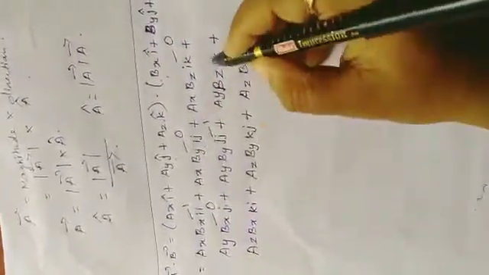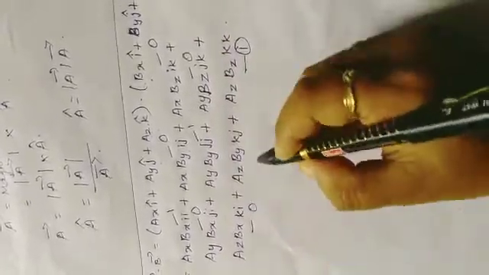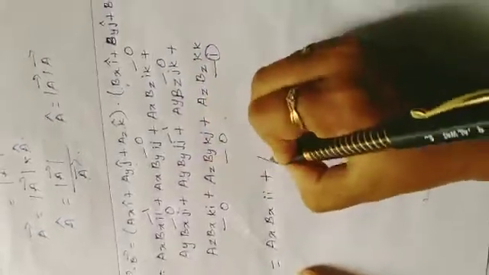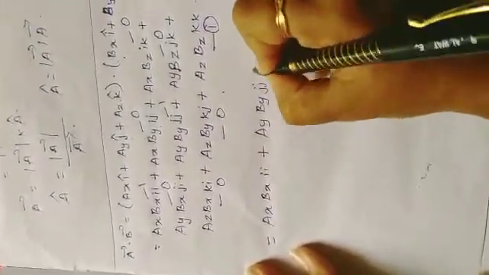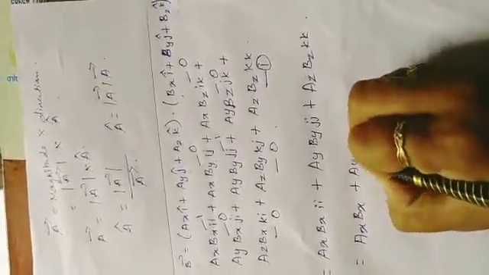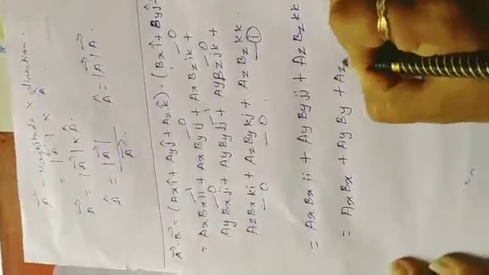So we get only ax bx, ay by and az bz. So the formula is ax bx plus ay by plus az bz, and the other terms are 0.